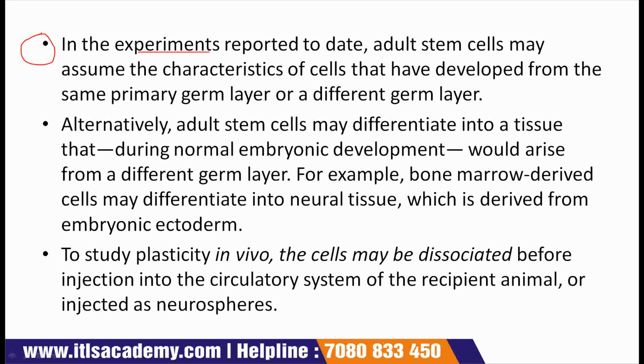In the experiments reported to date, adult stem cells may assume the characteristics of cells that have developed from the same primary germ layer or a different germ layer.